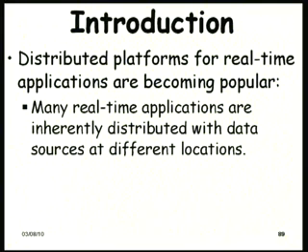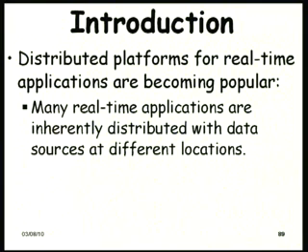Many applications are inherently distributed because the data is getting generated at different places. The data is getting generated, and then the actuator is at some other place or at different places, and the data needs to be processed locally, because otherwise you will have to transmit too much data.